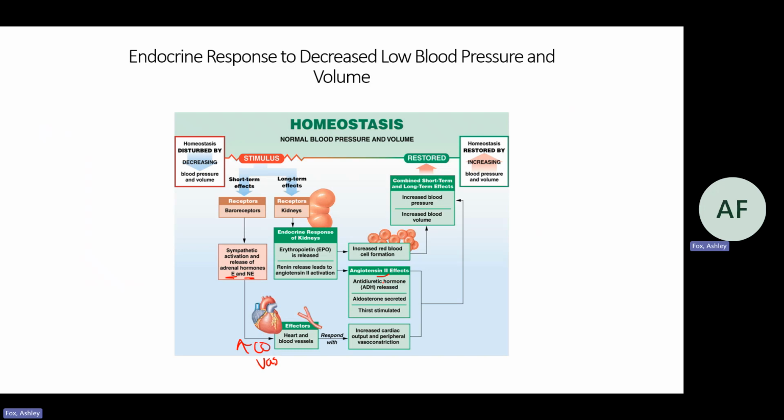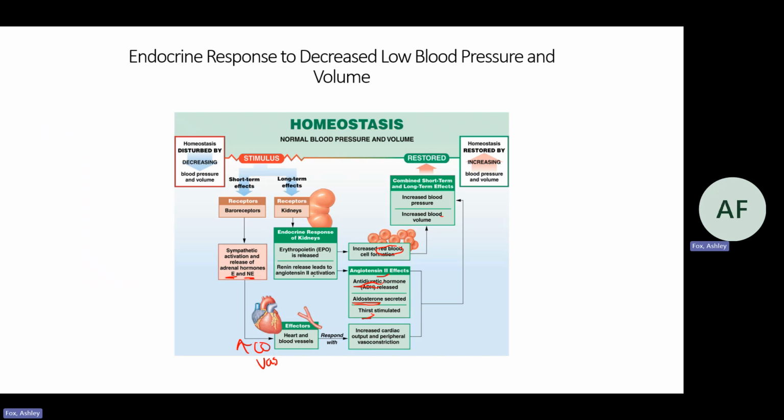Again, it's going to help with anti-diuretic or the anti-P hormone, so you're going to keep water in your kidneys. Aldosterone is going to keep sodium in your kidneys, and you're going to want to drink a lot. All of these are going to increase your blood volume and increase your blood pressure. Then also erythropoietin is going to be released by the kidneys, increase red blood cell production.